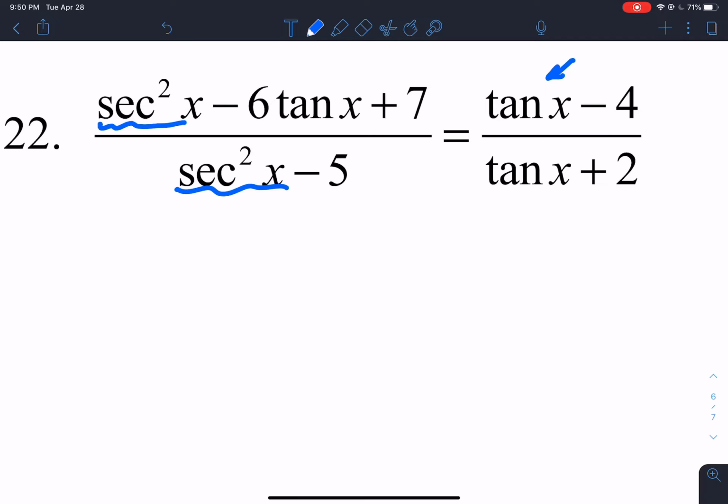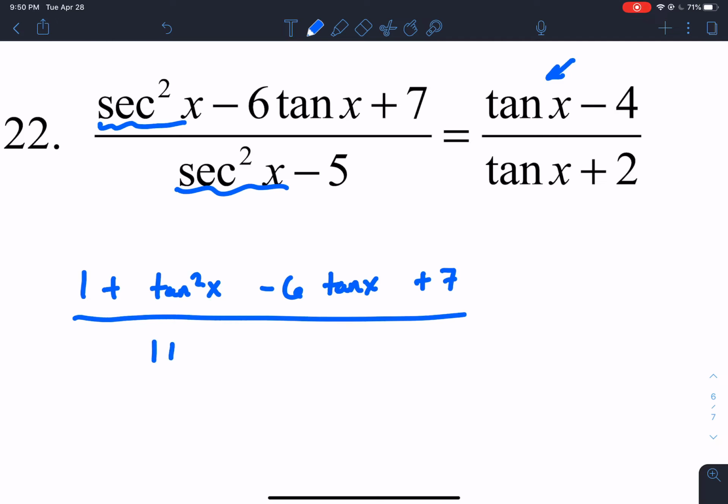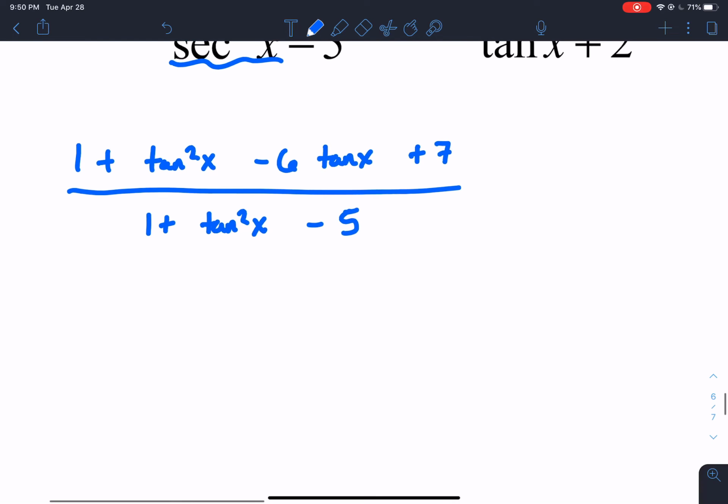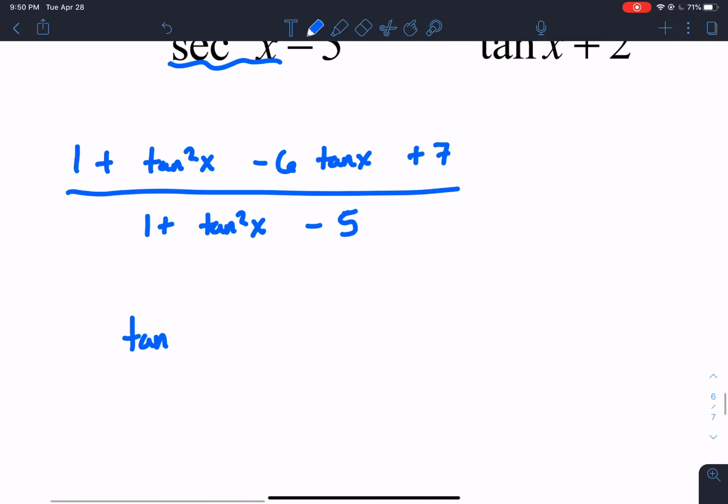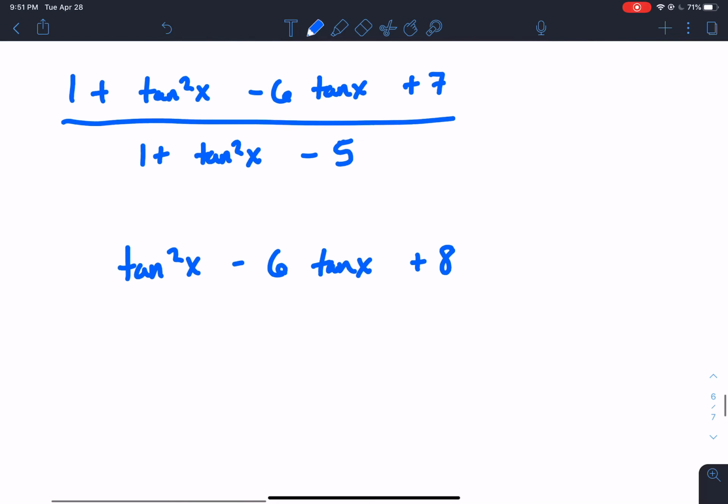Now secant squared is 1 plus tangent squared. All right, now if I simplify the top, I got tangent squared minus 6 tangent plus 7. No, sorry, plus 8. And then on the bottom, I got tangent squared minus 4.